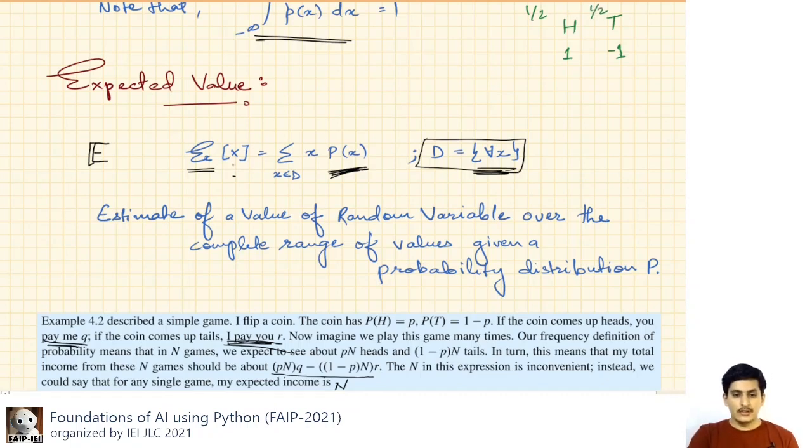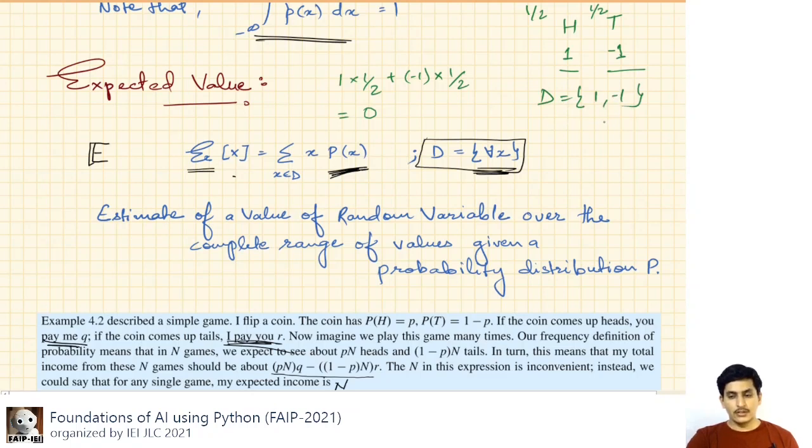So depending upon that, using this formula, for all values of x, what are all the values of x? It can have either 1 or -1. Okay, so first we write 1, then we write its probability, that is 1 by 2, plus -1 multiplied by its probability 1 by 2. What we get? 1 by 2 minus 1 by 2, that is 0. But does our variable take a value 0? No. This domain of x contains only two discrete values.